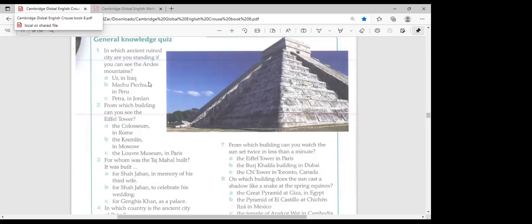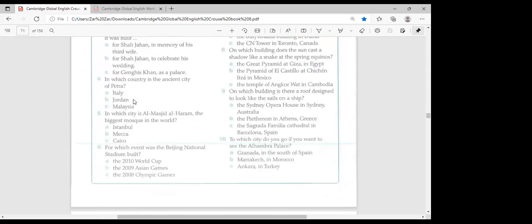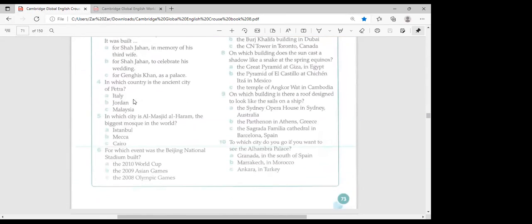4. In which country is the ancient city of Petra? It's in Jordan. It's famous for its buildings which are half cut out of rock and half built. Another name for Petra is the Rose City because of the colour of the rock. 5.